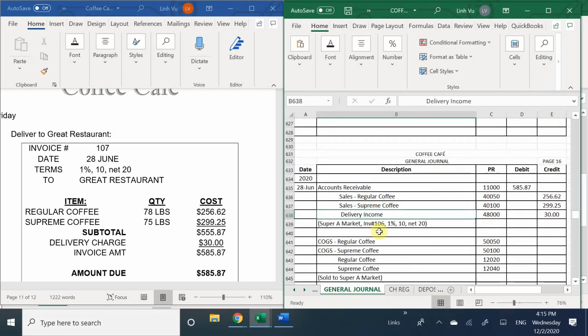All right, so we are in our notes. It is Great Restaurant. Okay, invoice number 107. And the terms are the 1%, 10, and net 20.